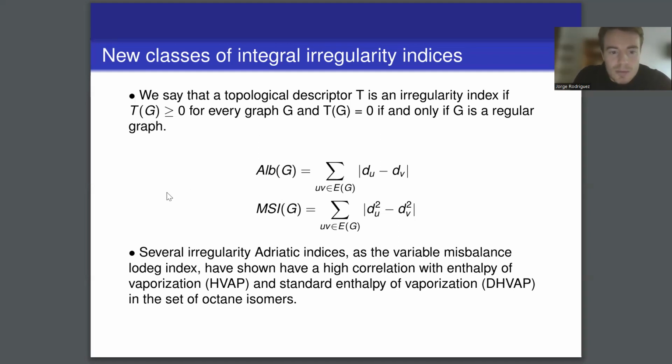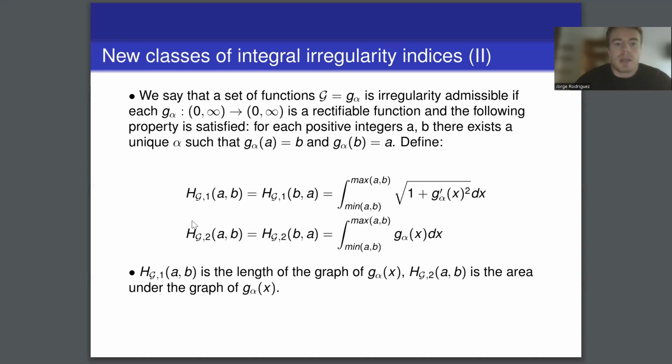Okay, and several of these irregularity indices have been shown in the literature to be very correlated with the chemical properties that I said before, the enthalpy of vaporization and the standard enthalpy of vaporization in the set of octane isomers. And this is what we are going to do. We're going to build two new integral irregularity indices, and we are going to check the correlation with these chemical properties, okay?